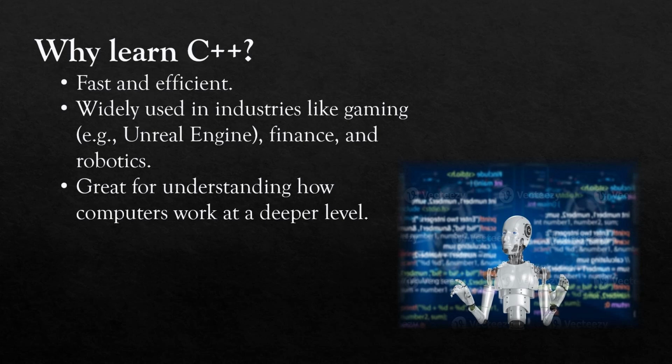This makes your code more modular, reusable, and easier to maintain. For example, if you are building a game, you can create a player class with attributes like health and score, and methods like move and attack.